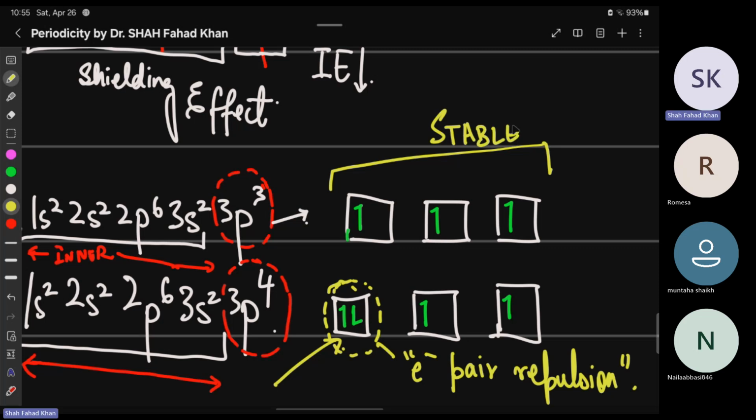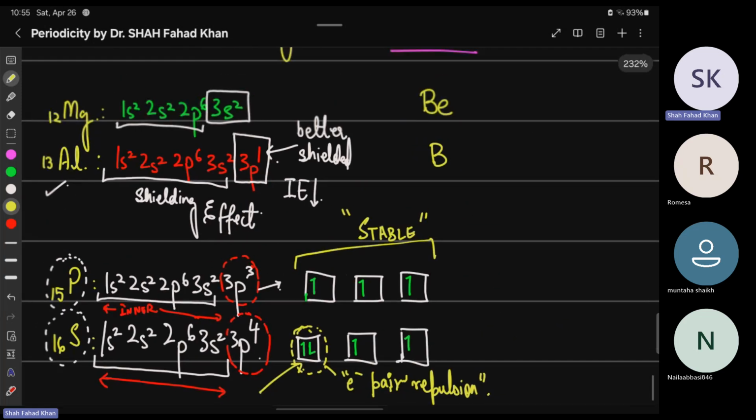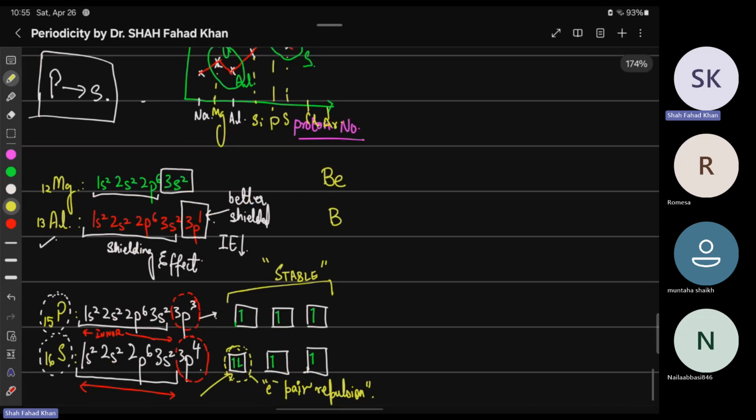A lot of energy is required to remove them. So it's because of this pair of electrons and the electron pair repulsion that, as a result, ionization energy decreases. Right.